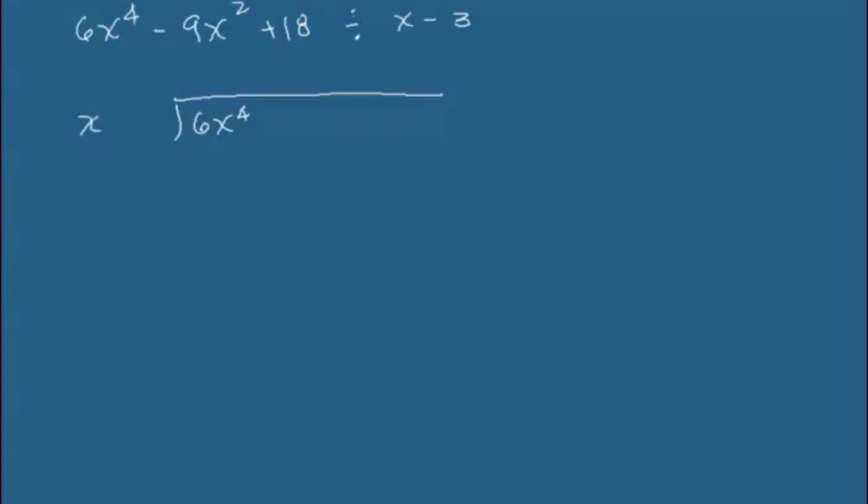As you will notice, our polynomial doesn't have x cubed and x. In this case, we will write 0x cubed. Then after x cubed will be minus 9x squared, and we need x, so plus 0x plus 18.